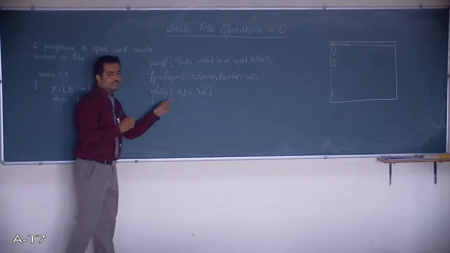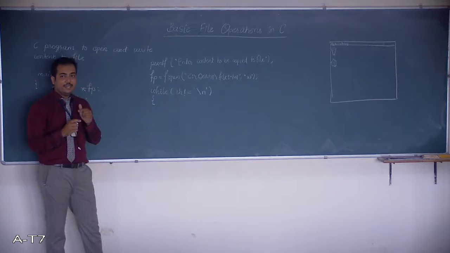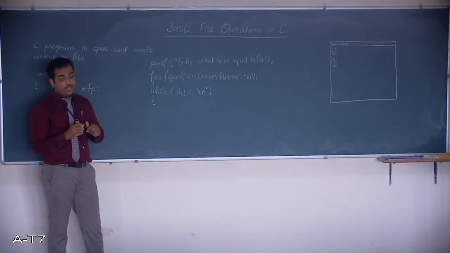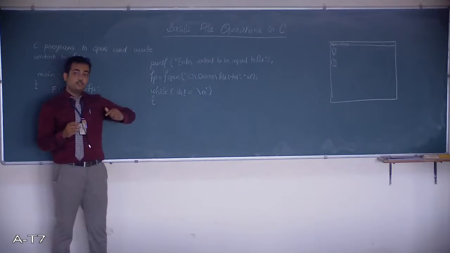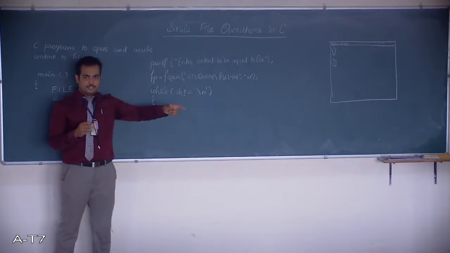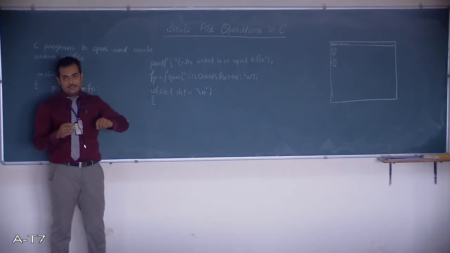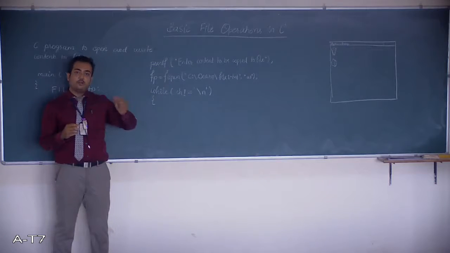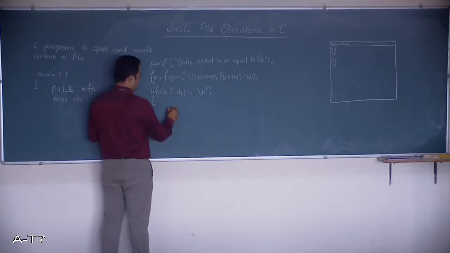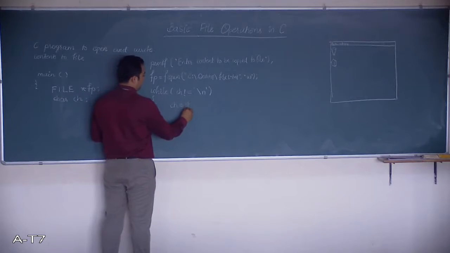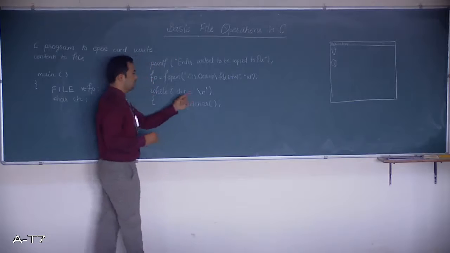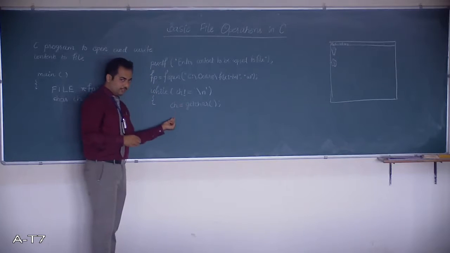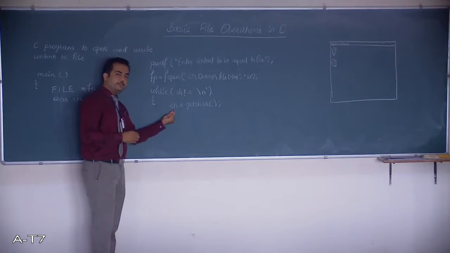Okay, now in ch first I will get the character from the output screen, and I want to read only one character. If you recall, the function which you can use to read one character at a time is getchar. That reads one character from the output screen. So ch equals getchar. This reads one character from the output screen, and that is stored into the variable ch.